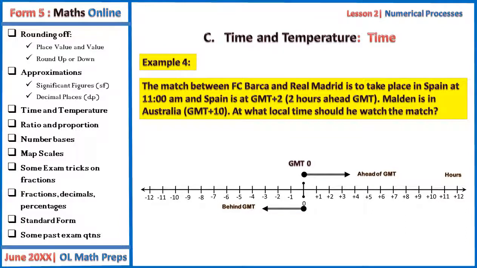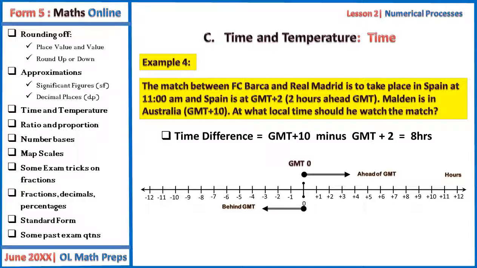Example 4, the match between FC Barcelona and Real Madrid is to take place in Spain at 11 a.m., and Spain is at GMT plus 2, that is 2 hours ahead of GMT. My friend Maldin is in Australia at GMT plus 10. At what local time should he watch the match in Australia? Here we have to note that Spain is at GMT plus 2, while Australia is at GMT plus 10. So the time difference is 8 hours.